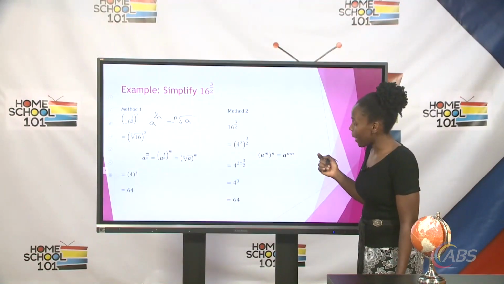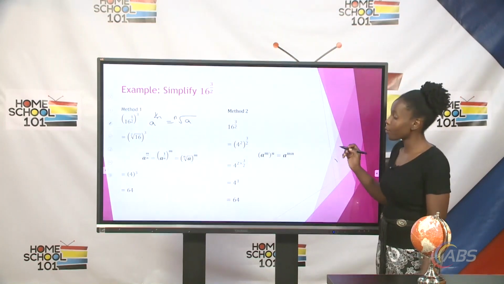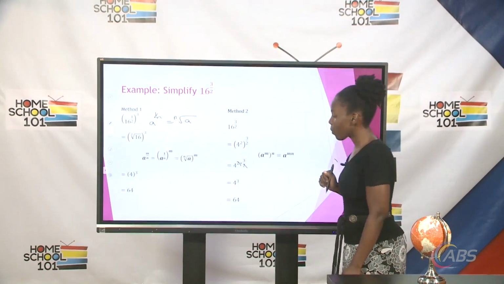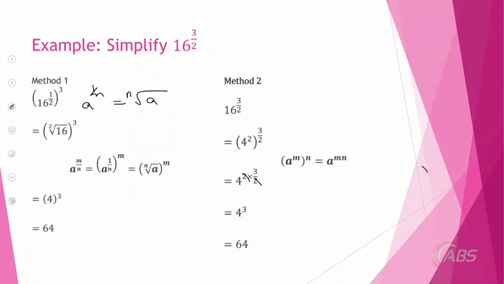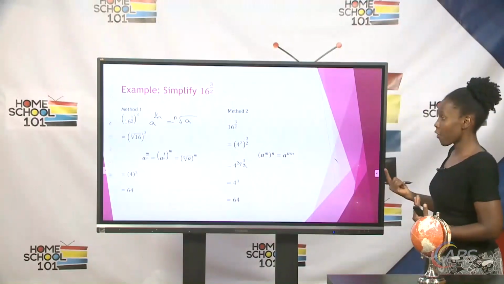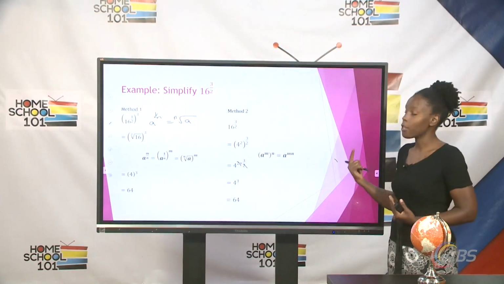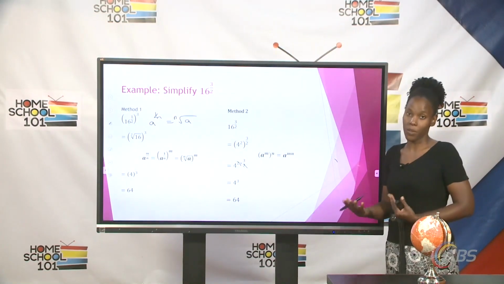So in multiplying, it becomes 4 to the power 2 times 3 over 2. Now the 2's would cancel, and what I'm left with is 4 to the power 3, which gives me 64. So whichever method you're comfortable with, you could simply use either method because you will end up with the same value.